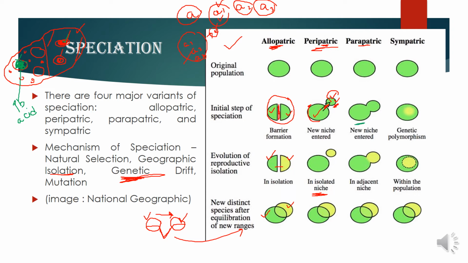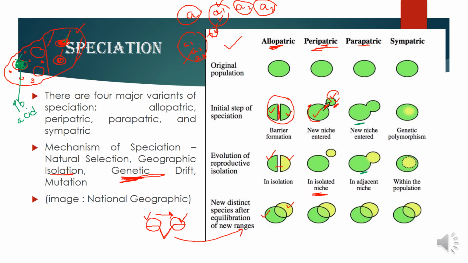So there is no barrier, there is no migration, but just fragmentation of a large habitat into very small micro habitats, as a result of which new species are formed.